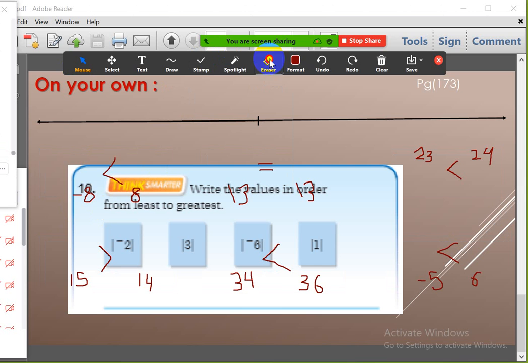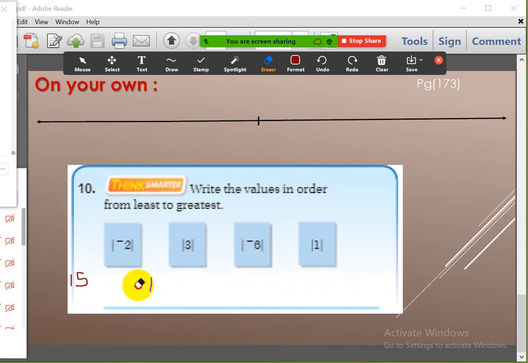So let's now see this order, those from the least to the greatest. I have the absolute value for -2, the absolute value for 3, the absolute value for -6, the absolute value for 1. If I want to order from the least to the greatest, the easiest way is to find the value of each number first, then order the numbers.